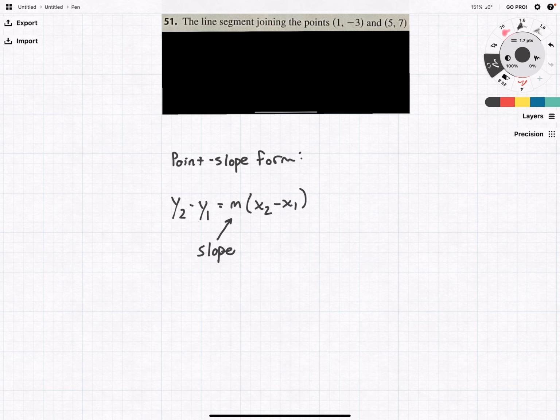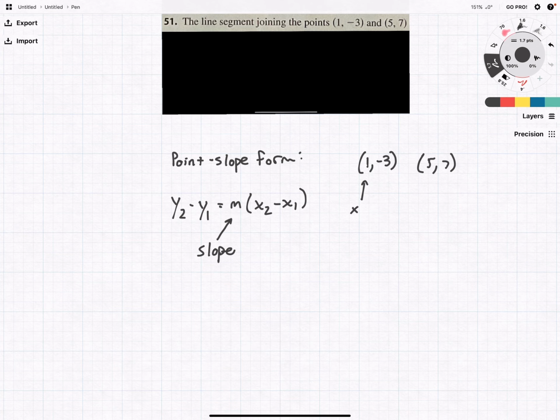Okay, and here with these points that we have, (1, -3) and (5, 7), it doesn't matter which order you do this in. You just have to be very consistent with it. So to make things simple, let's have (1, -3) be our first coordinate.